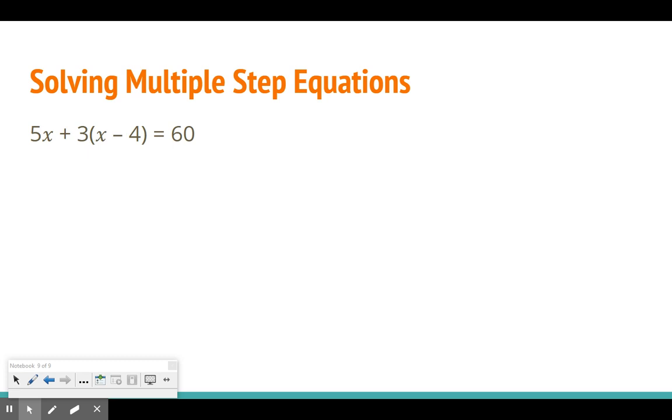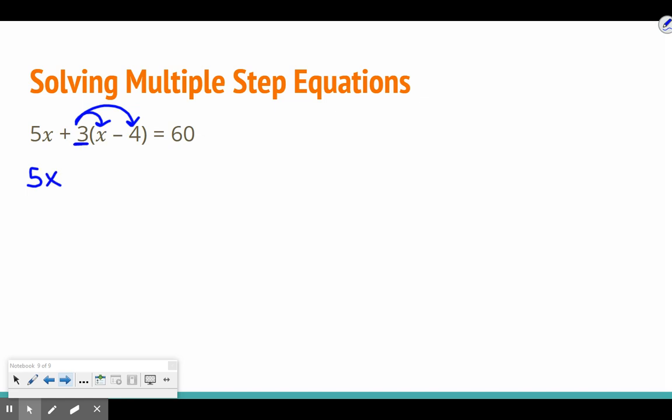All right, now we are going into some mixed review. We're going to go through our steps here. Step 1, is there the distributive property? Hopefully you said yes because you see parentheses. So I'm going to take this 3 and multiply it by both the x and the -4. I'm going to leave my 5x where it's at.